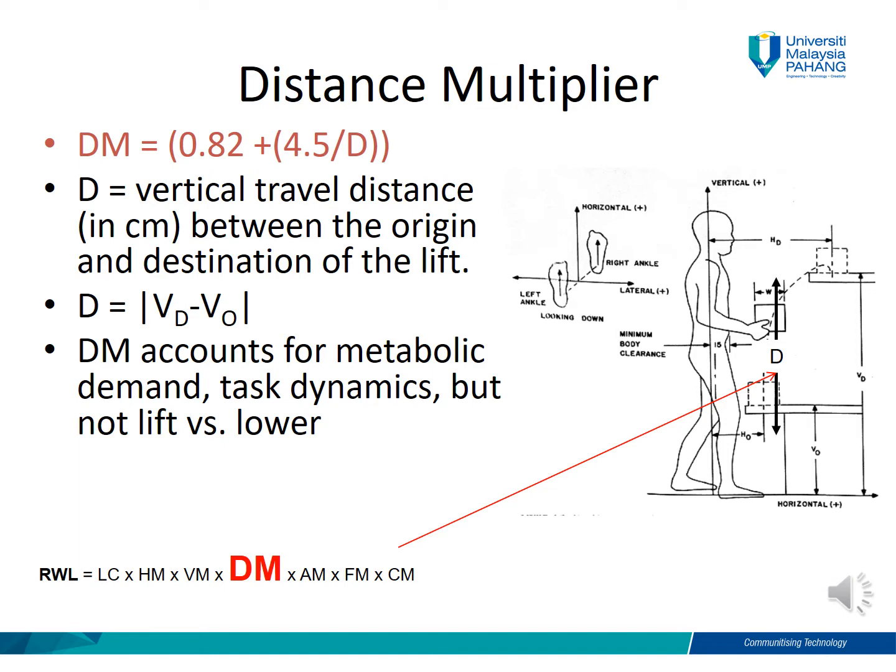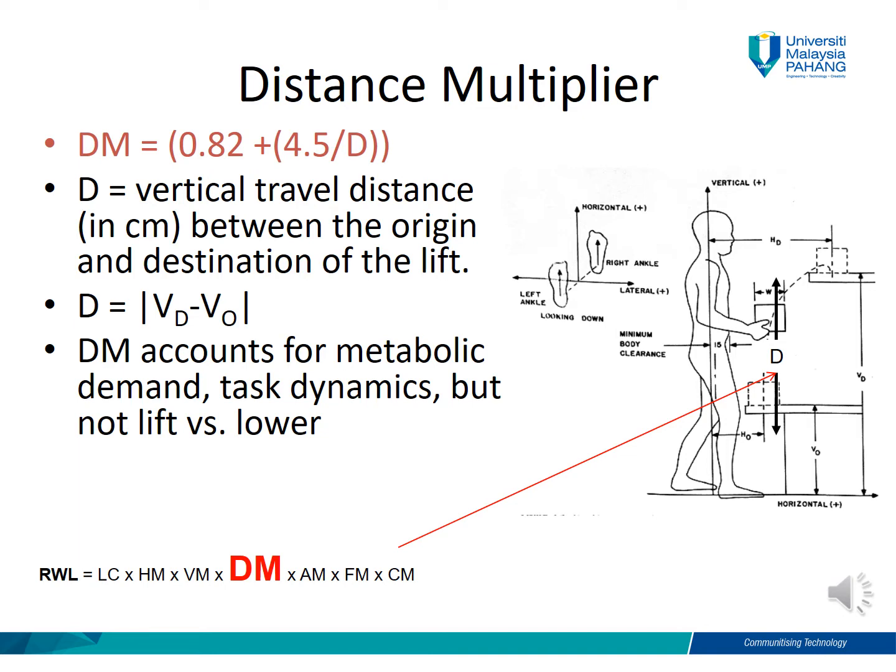The distance is the vertical travel distance in centimeters between the origin and destination of the lift. We can simply get the distance value from the vertical destination and the vertical origin, so we subtract the vertical origin from the vertical destination.